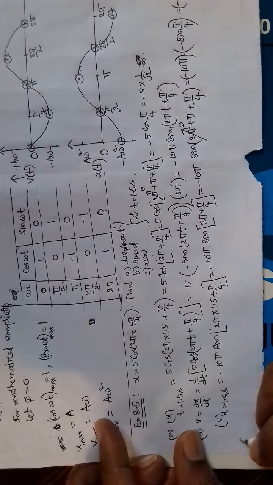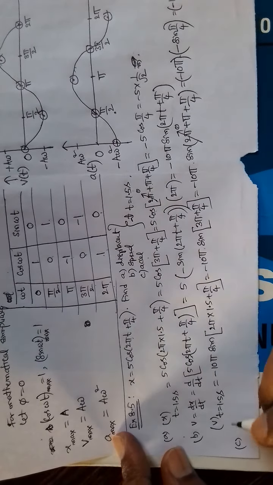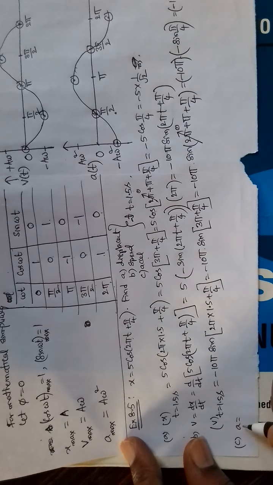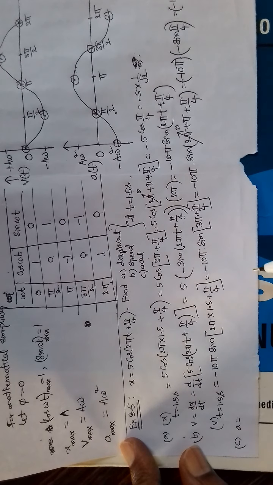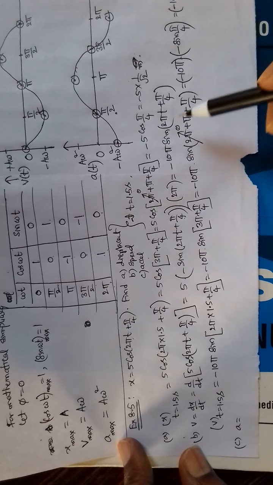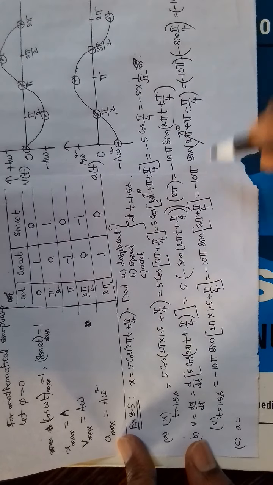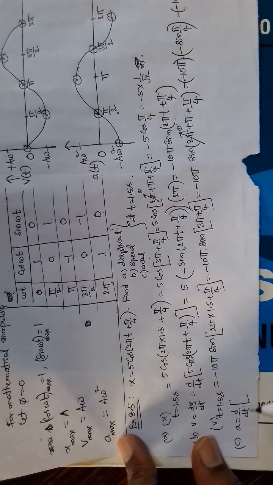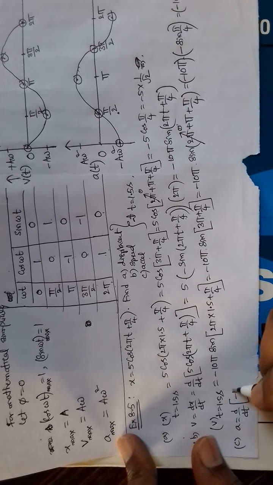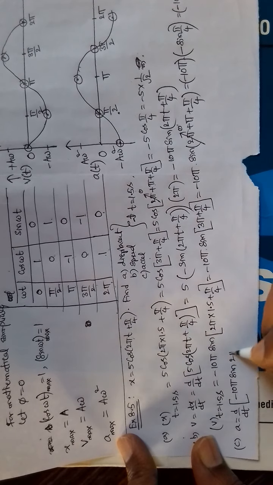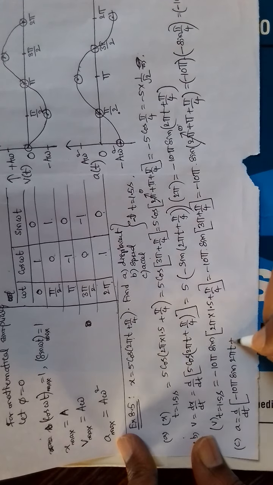Now see, acceleration. By differentiating velocity, we get acceleration. So here the velocity expression is ready. What is that? Minus 10 pi sine (2 pi t plus pi by 4).